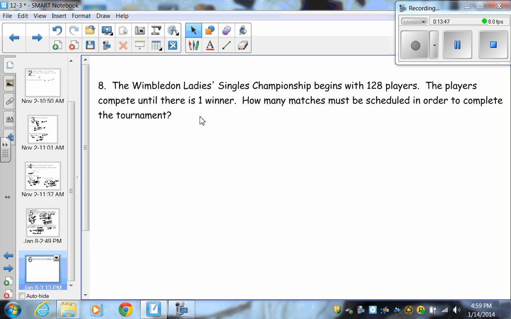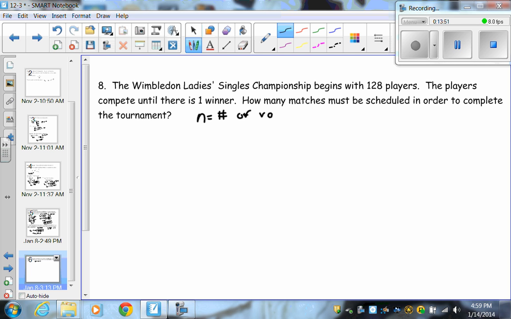So the first thing we're going to start with is I'm going to let n equal the number of rounds. Players go until there's one winner, and in tennis there are 2 people playing at a time. So in our first round we would have 128 divided by 2, which is 64.